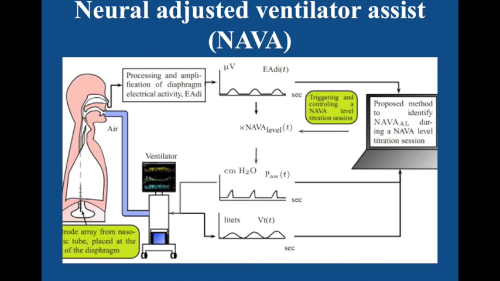So inspiratory pressure is controlled by the diaphragmatic EMG, that I said, EDI. EDI is measured using a nasogastric catheter. Ventilatory assist is proportional to patient inspiratory effort. Nowadays it is only available on the Servo-i ventilator.